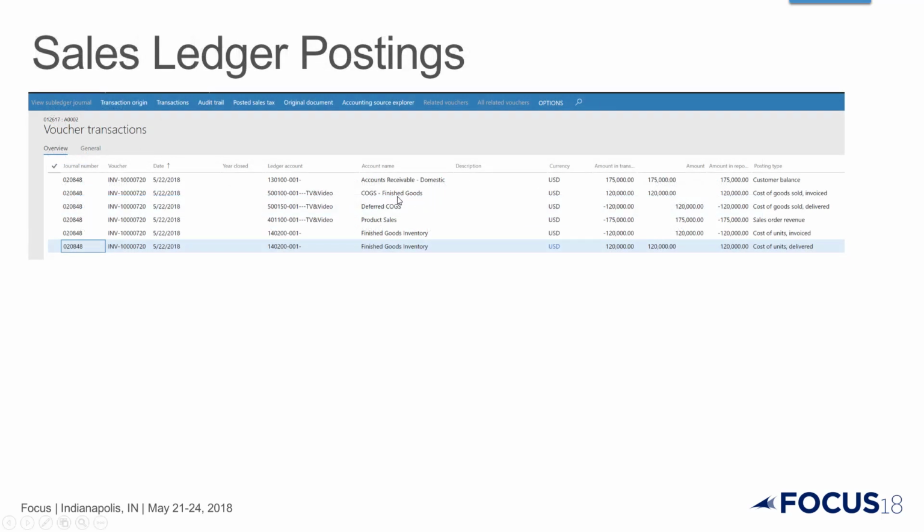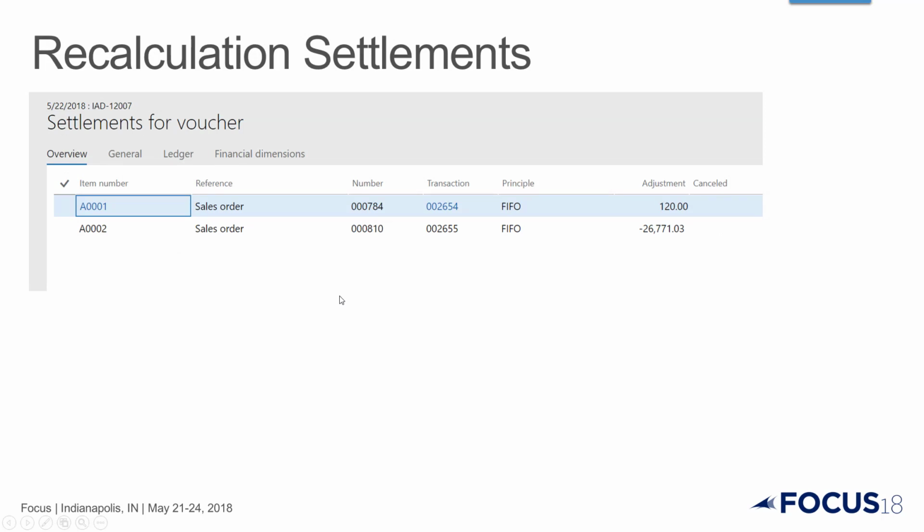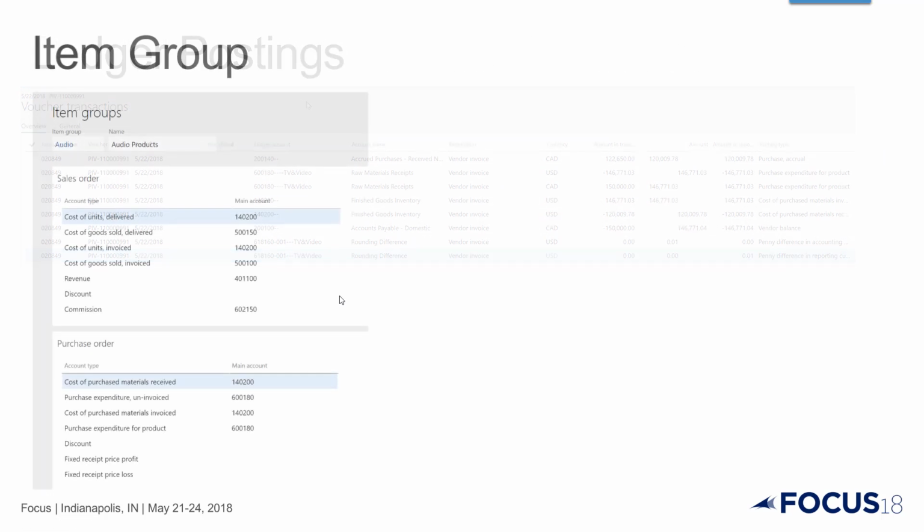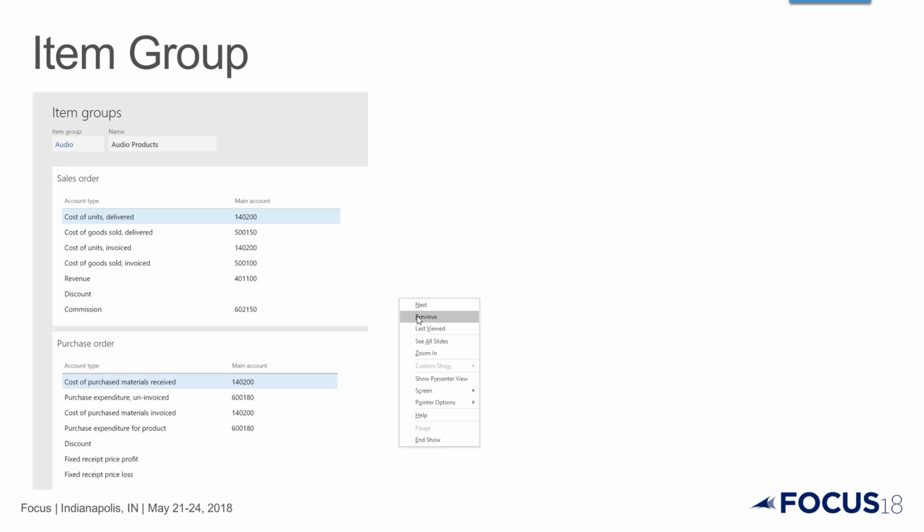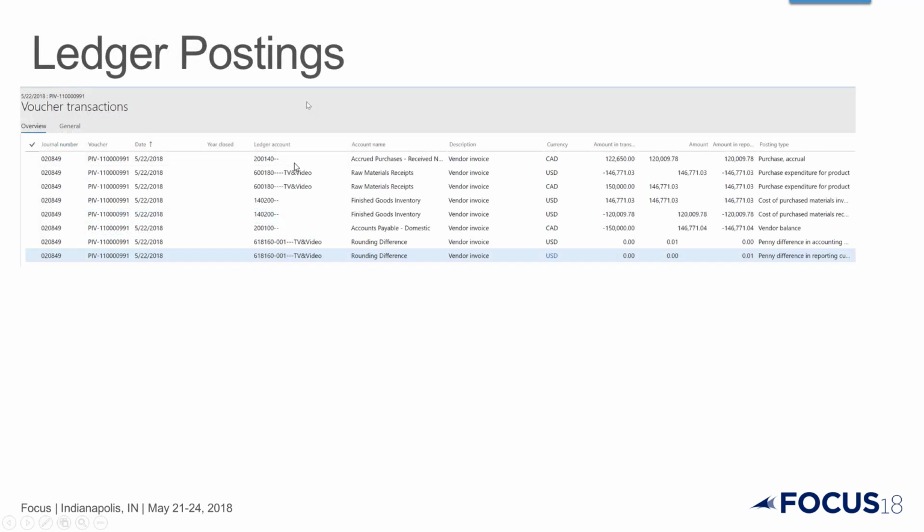And there's your cost of goods sold account there. So I wanted to show you that that's where that is coming from. So again, the item group defines most of where your postings come from. And if we go back to the previous there, if you look at that, there's your raw material receipts.